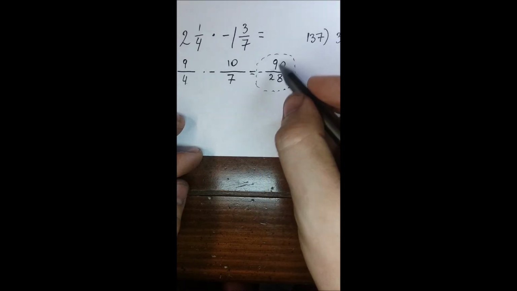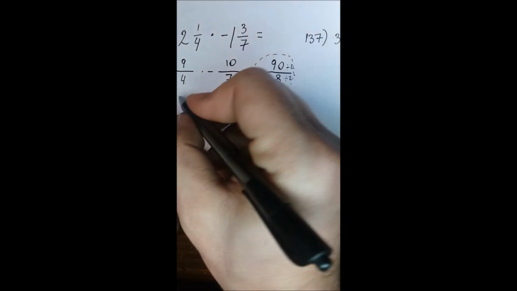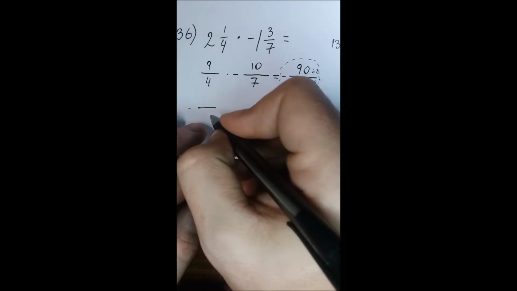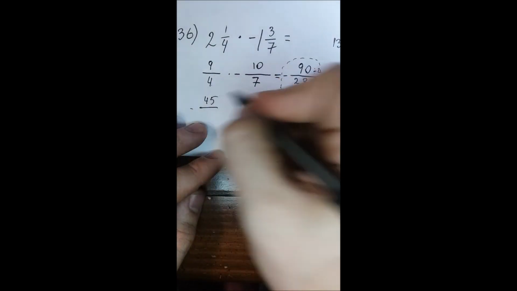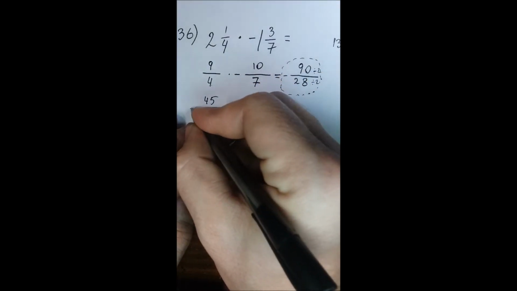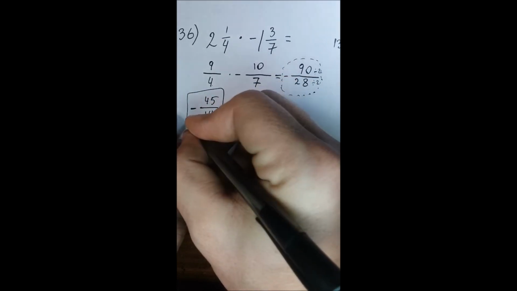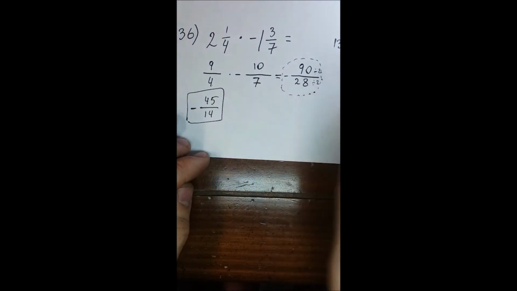So we can divide both 90 and 28 by 2. 2 is present in both. So 90 divided by 2 is 45, and 28 divided by 2 is 14. And that's it. We cannot simplify them anymore, since we divided by the common factor.